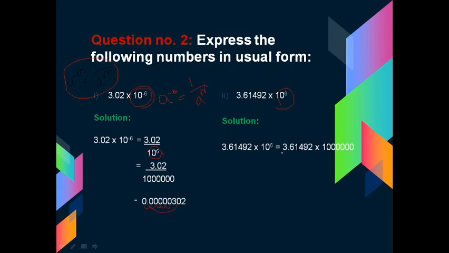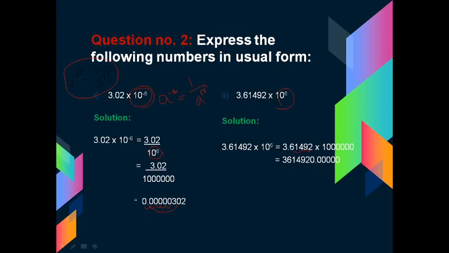So now multiply 3.61492 with 10 lakh. Here we will get 3614920. When we multiply this number with 10 lakh, we get this as the solution, and the decimal is placed before 5 digits. So count here 1, 2, 3, 4 and 5.